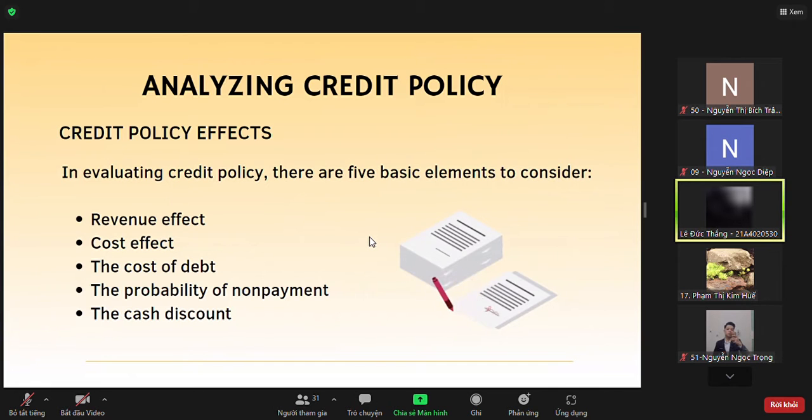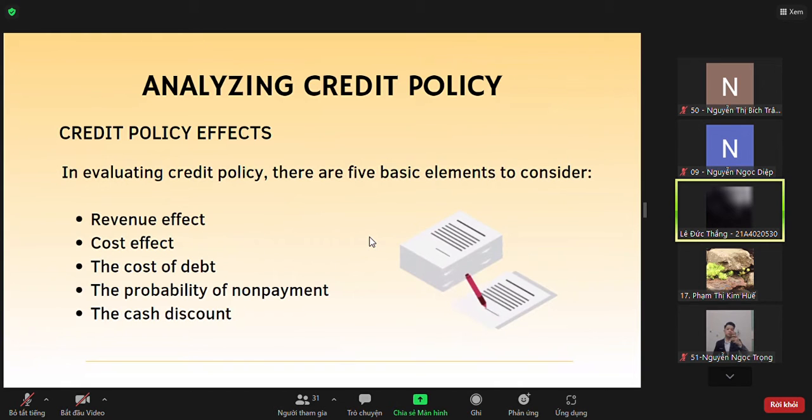However, the firm can charge a higher price when it grants credit, which is a way to increase the quantity sold, and as a result, the total revenues will be increased.